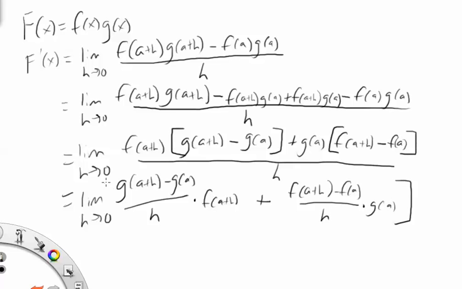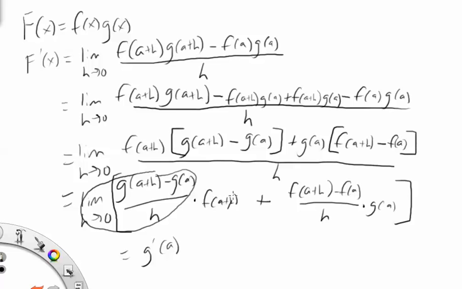So all I did was split it up, and so you can see each part by itself. So g of a plus h minus g of a over h as h goes to 0, h goes to 0 for this, and there's no h over here, so it doesn't really matter. But this part right here, that's our definition of derivative for g. That's g prime of a.